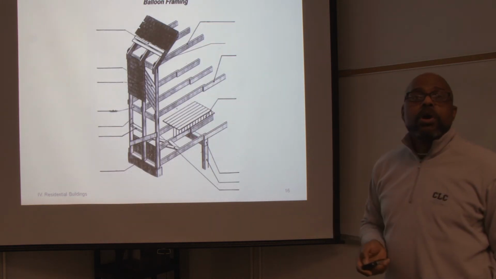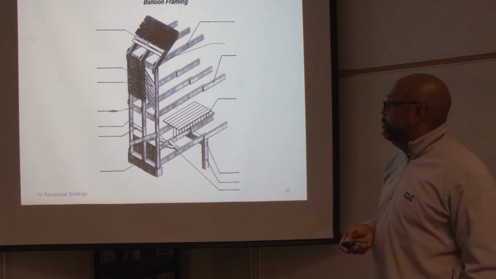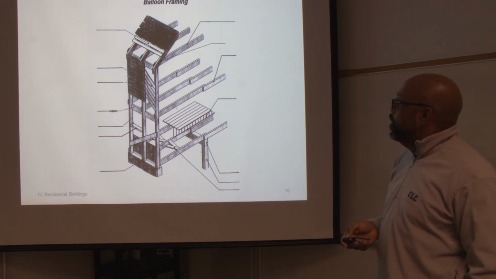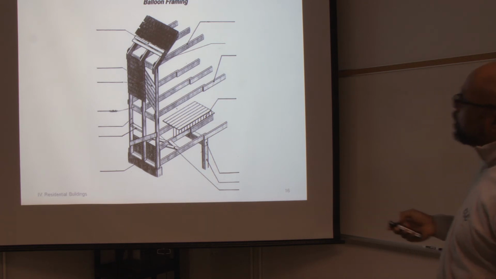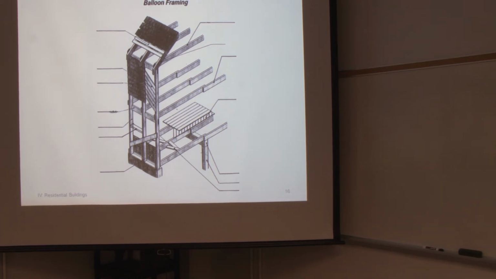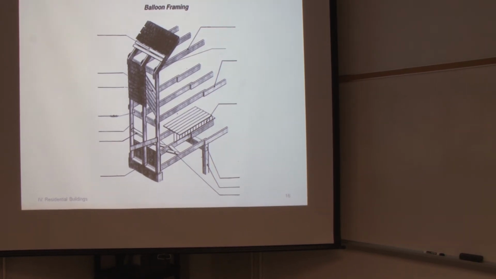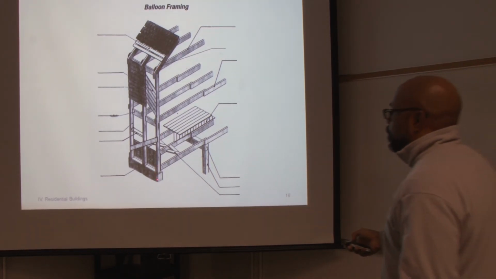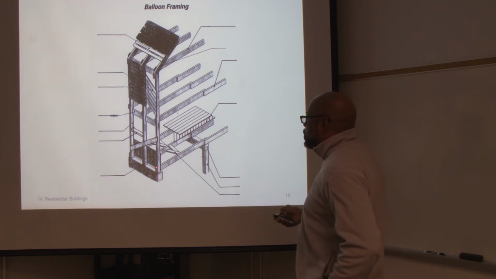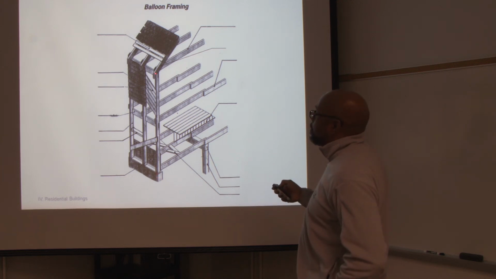This is a picture of what we call balloon framing. And this balloon framing is where we have multiple components, where we see that the studs start from the foundation wall and go all the way up to the top of the house.